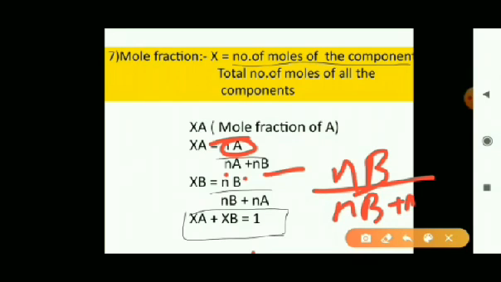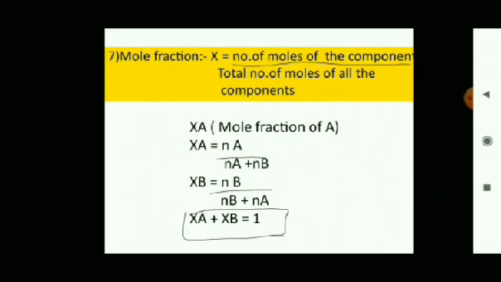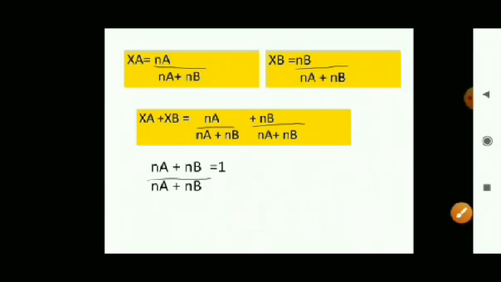So when you add these two mole fractions, A and B, you will get 1. How did we get 1? See, XA, the mole fraction of A, is equal to Na divided by Na plus Nb. The mole fraction of B is Nb upon Na plus Nb.